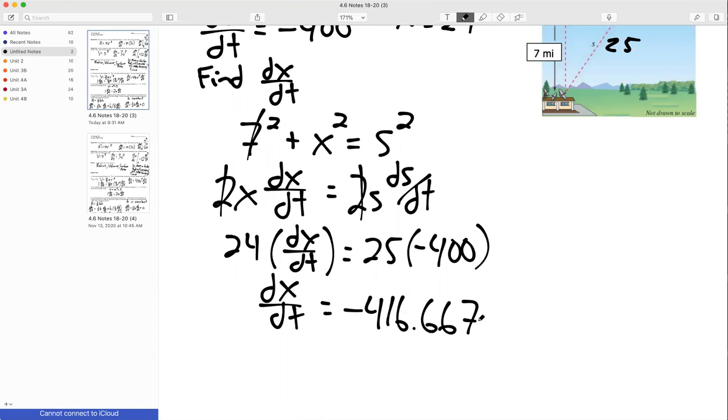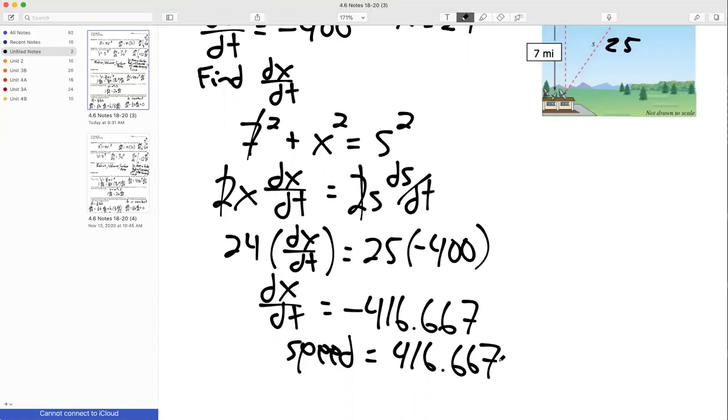I did not. Speed is the, I'm waiting for somebody to say, it's the absolute value of the velocity. Yeah, that's it. Therefore, the correct answer is 416.667. And let's put some units on there.